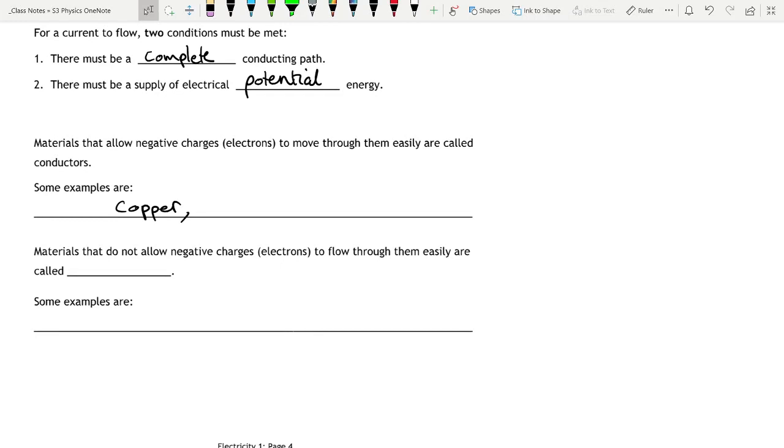Basically any metal, so aluminium, because in metals, the structure, if those of you that do chemistry have talked about the metallic structure, has electrons that are free to move. So metals are good conductors, and also there's a type of carbon that's a good conductor. Yeah, graphite. That's the only real non-metal you need to know that conducts electricity.